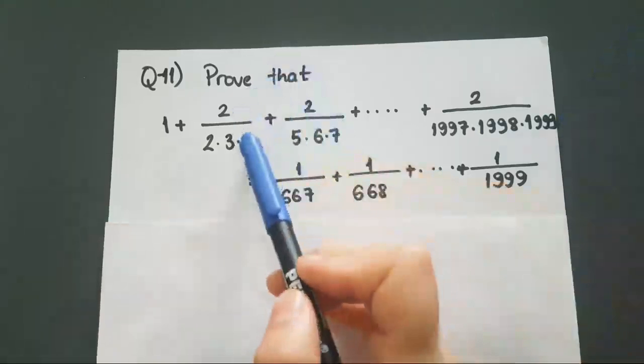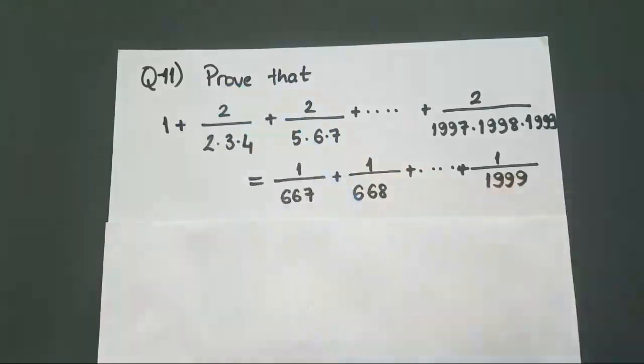Is there any way to write each term as a sum of some rational expressions? Do you have any idea about this problem?